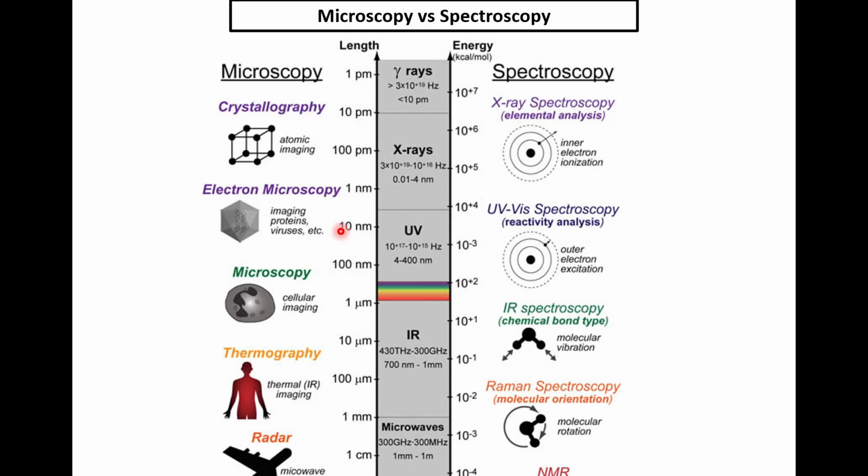So in IR spectroscopy, that is the infrared spectroscopy, you actually make use of the molecular vibration of the atoms. Okay. So if you imagine in a space or in a matter, like if you imagine this as your water molecule, it is made up of two hydrogen atoms and the oxygen atom.